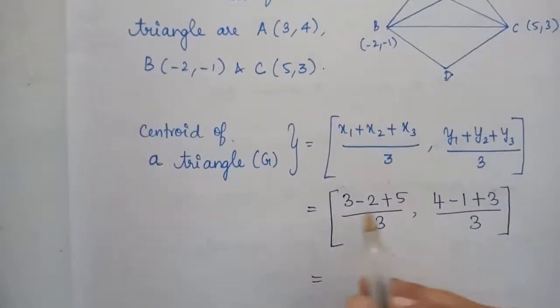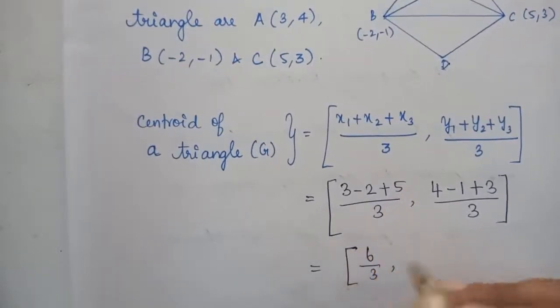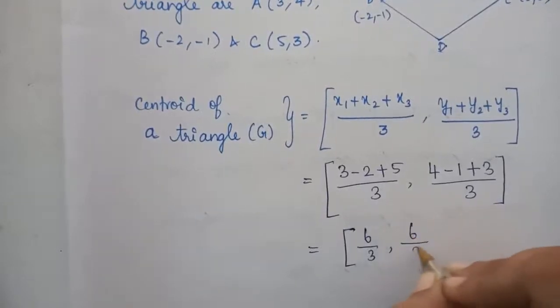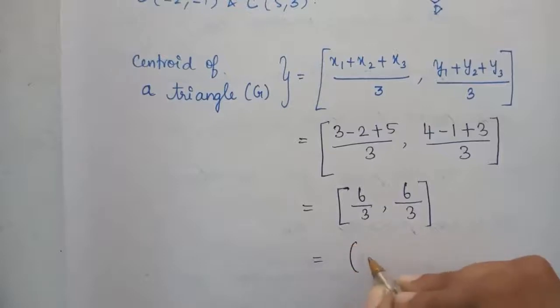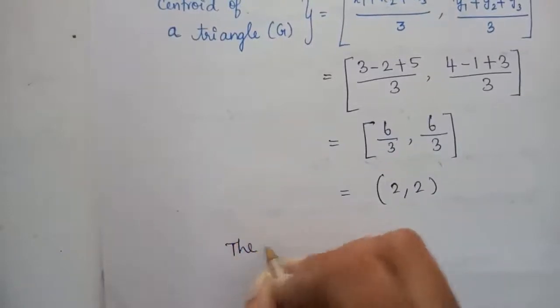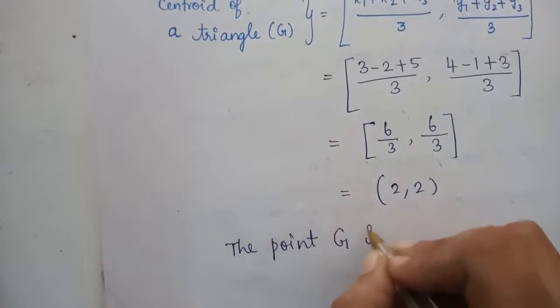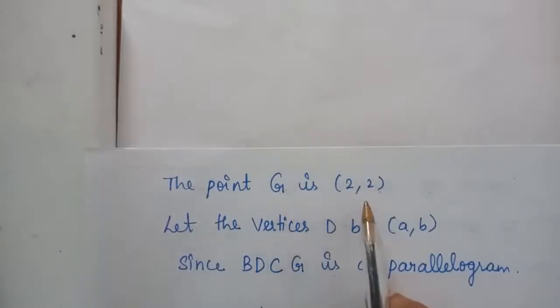That is 6 by 3, which is 2, and 6 by 3, which is 2. So the centroid G is (2, 2).